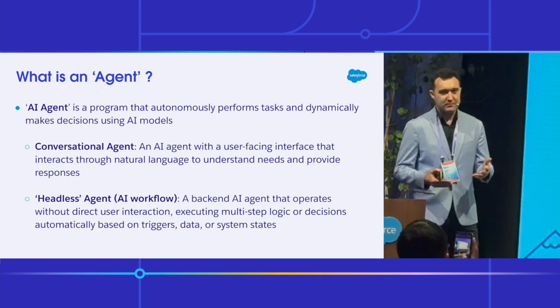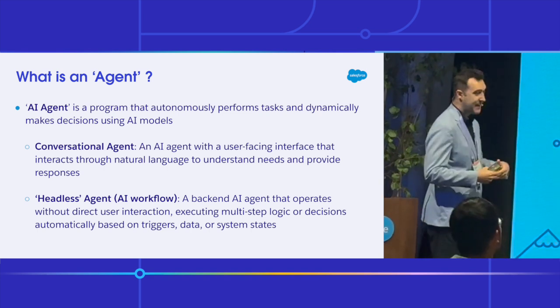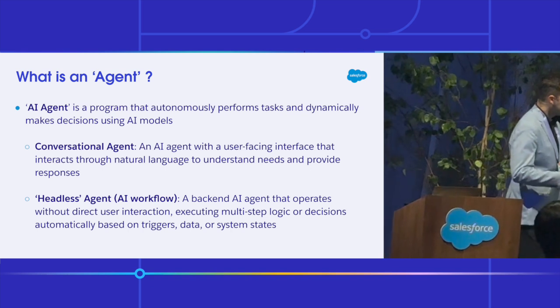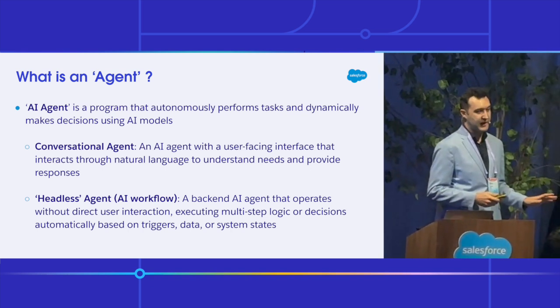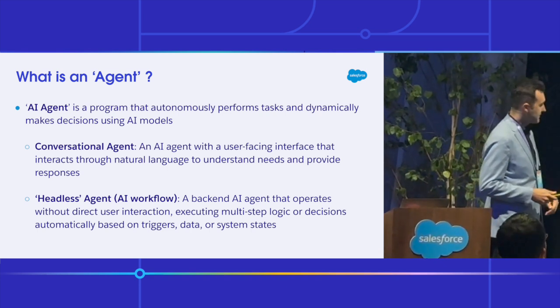Different terminologies are thrown around in the marketplace. Some people call it headless agents. I prefer the term AI workflow, but fundamentally it's a back-end AI agent that operates without direct user interaction. All the magic happens behind the scenes.